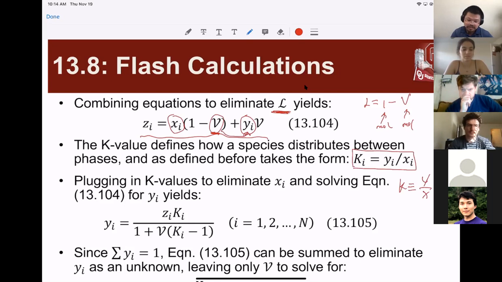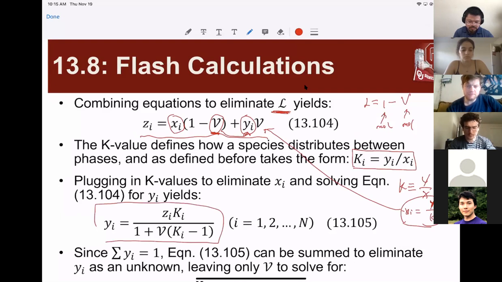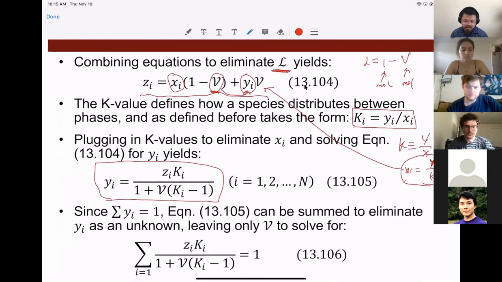So this is why let's try to get rid of this Xi, okay? Xi would be Yi over Ki. So now if you plug in this value, Xi as a function of Yi, you see the Yi over Ki, then we are able to receive this equation. And you may still feel a little bit confused why we are doing this. Well, be patient, we shall see the reason in a few minutes.